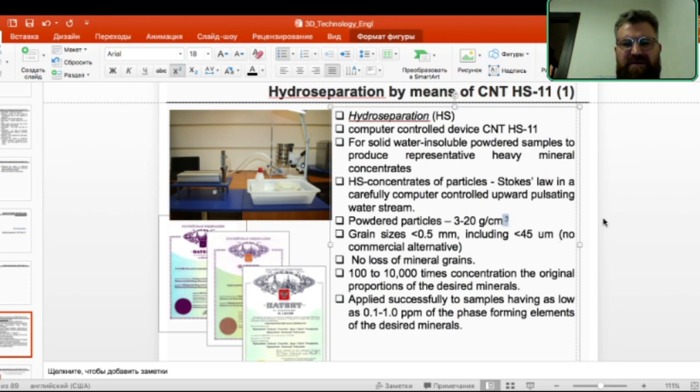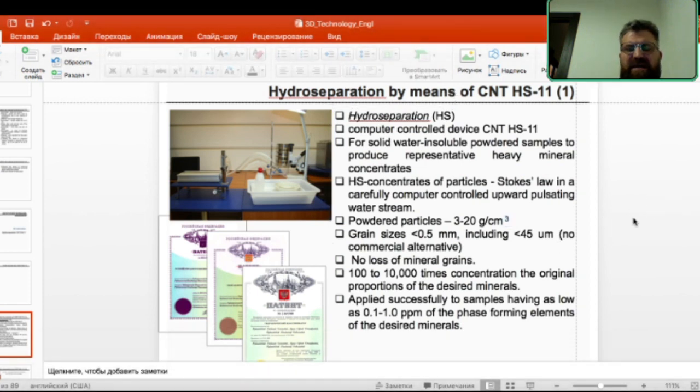A grain size that is capable of being separated is less than half a millimeter and goes down below 45 microns. Basically, there is no other commercially available alternative for separation of grains in this range below 45 microns.